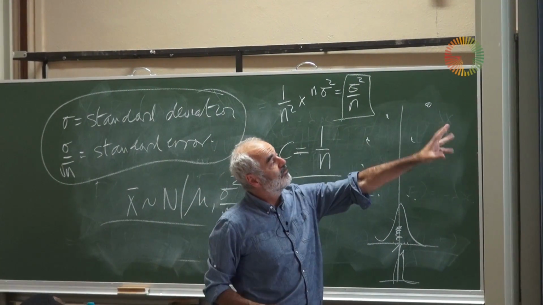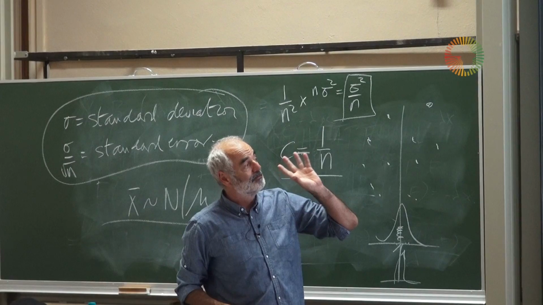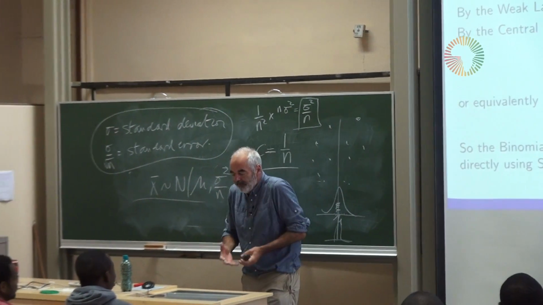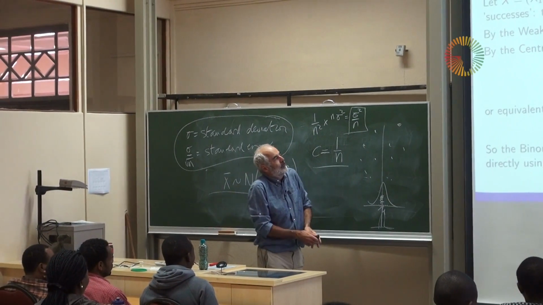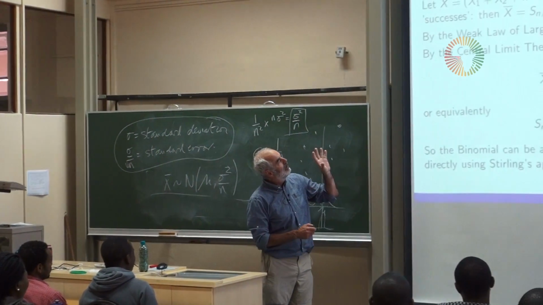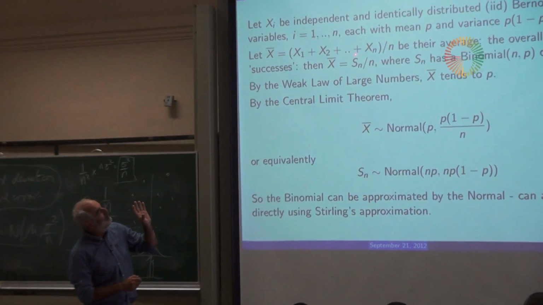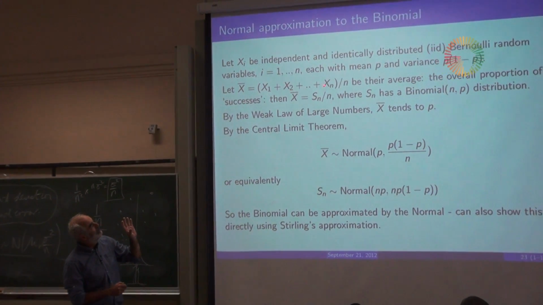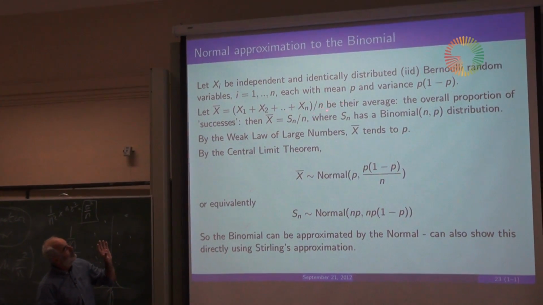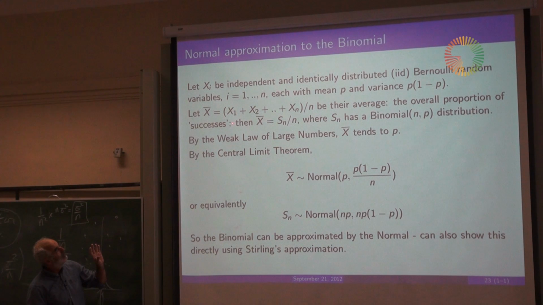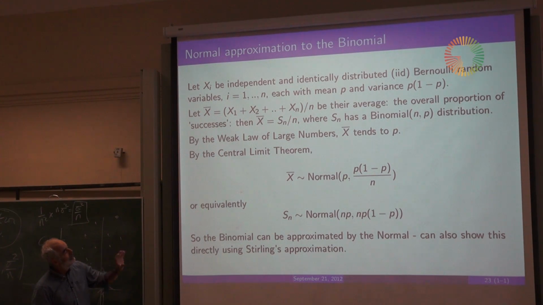Oh yes. And so, for example, this will work with a binomial. If I want to look at the proportion of times things happen, it's essentially the sum of a set of Bernoulli variables divided by their count. It's the overall proportion of successes. And that's the same as taking a binomial and dividing by the sample size.